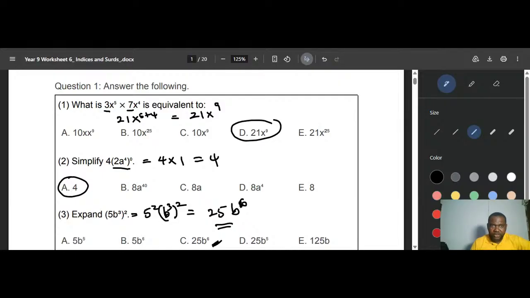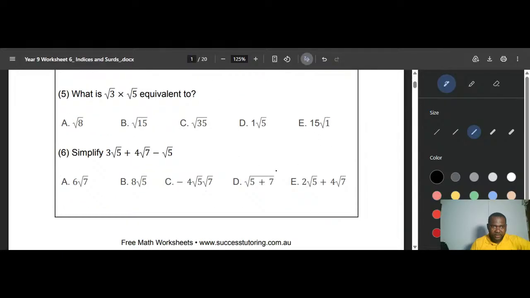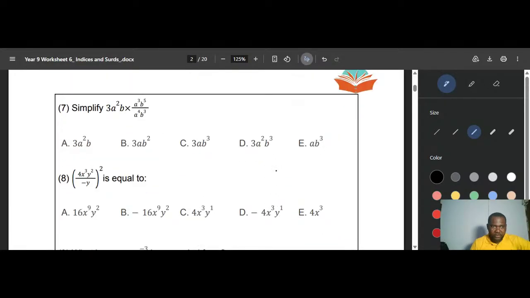Now let's move to the others. Try number 7 and number 8. Somebody said 1.5/3. Number 7 and number 8: if you have the answer, you can drop it.